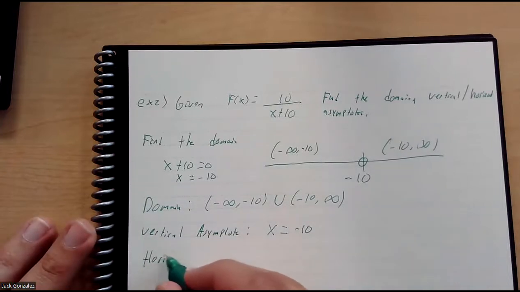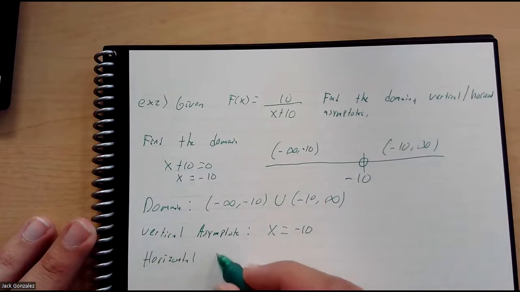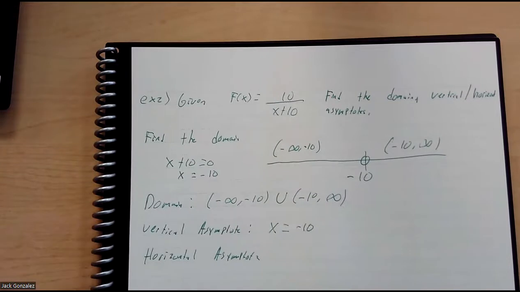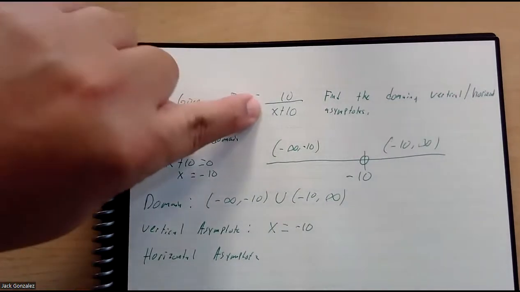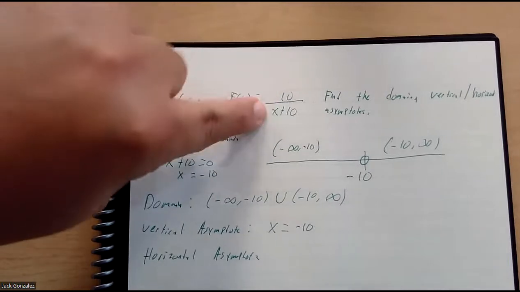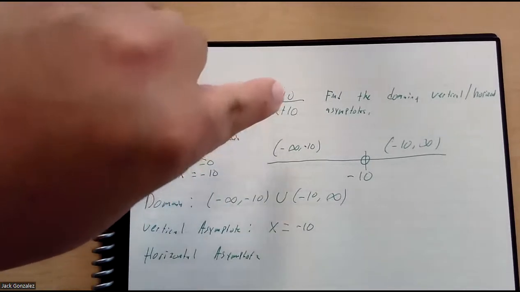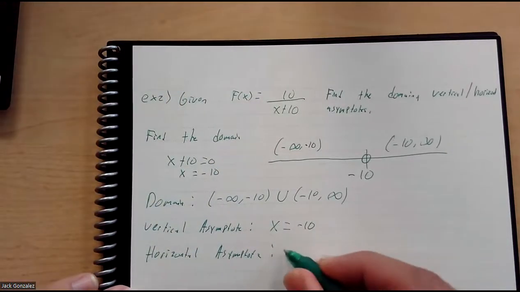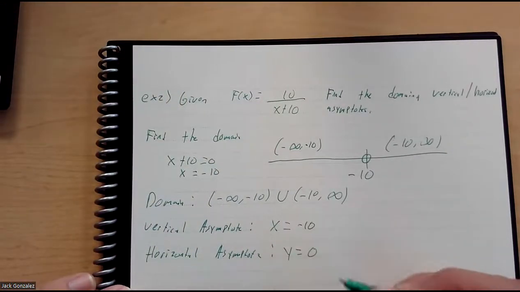Horizontal asymptote. We said that depends on the degrees of the top and bottom, the numerator and denominator. The top degree is 0. The bottom degree is 1. We said if the bottom is bigger, then the horizontal asymptote is y equal to 0.